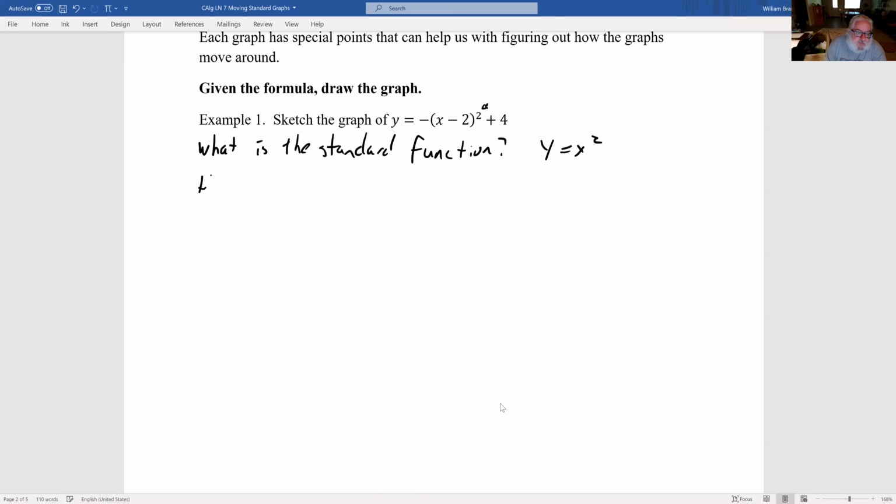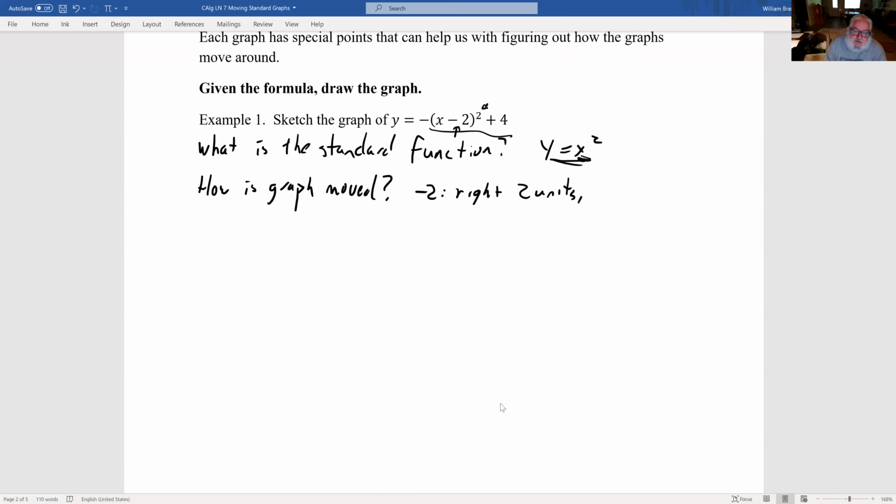So how is the graph moved? Well, we started with this equation, and then we changed it to that. We've got a -2 inside. That means we move the graph right 2 units.